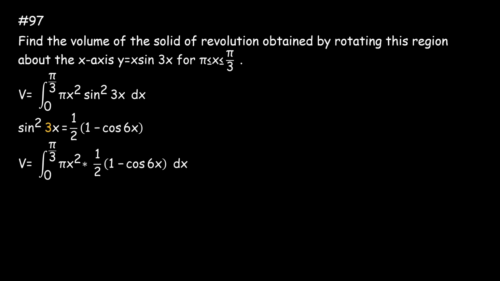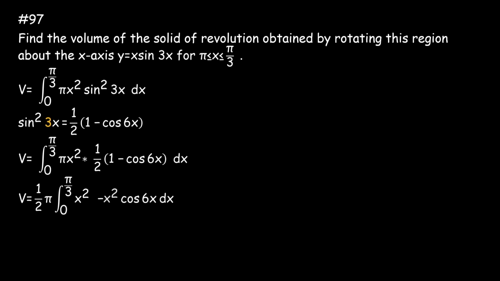Now we have the integral from 0 to pi over 3 of pi x squared times half times 1 minus cos 6x. If we take out the constant, we have 1 over 2 pi, then x squared times 1 minus cos 6x. If we expand the brackets, we're going to have the integral of x squared minus x squared cos 6x, right?